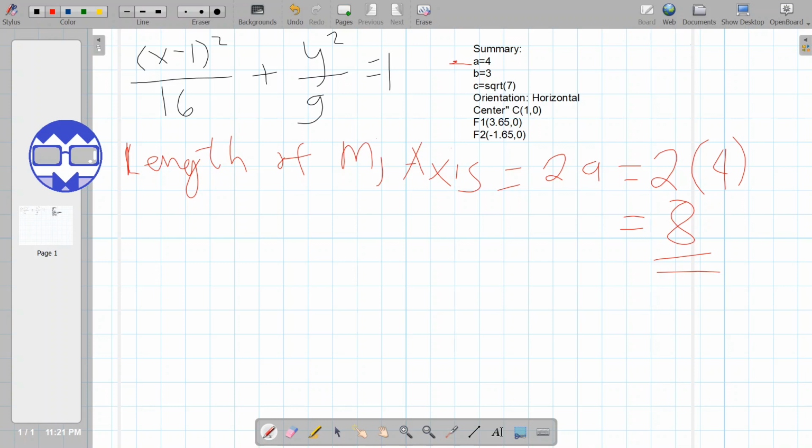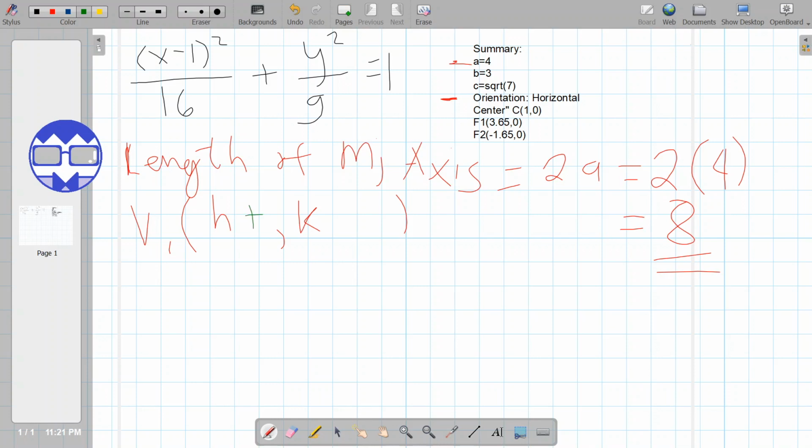Now, if we have the length, and if we have a, we can solve for the vertices. You must remember that for V1, we start with the center. The center is H and K, and the major axis is horizontal. Because the orientation is horizontal, we are going to add the variable a to our horizontal part.